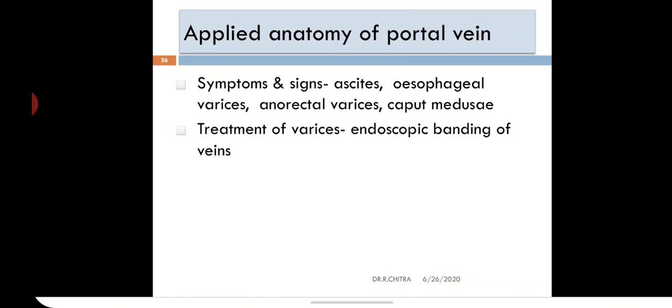If they are bleeding through the mouth, that is hematemesis, then immediately, in the emergency, you have to do the endoscopic banding of the veins, or sometimes a surgical portacaval shunt by anastomosing the left splenic and left renal veins with or without splenectomy. So we can try for the portacaval shunt surgeries also.